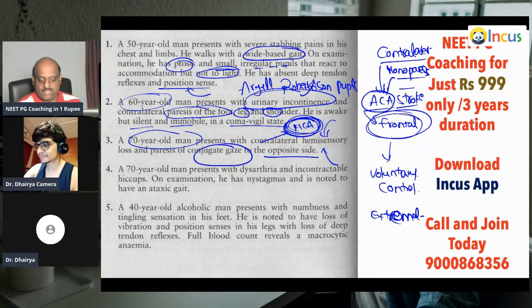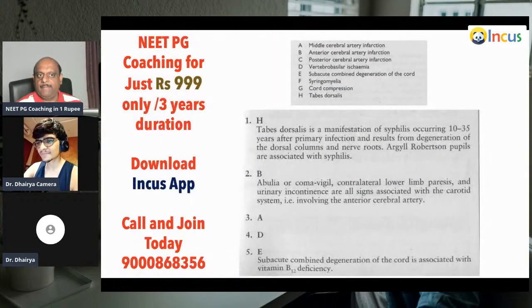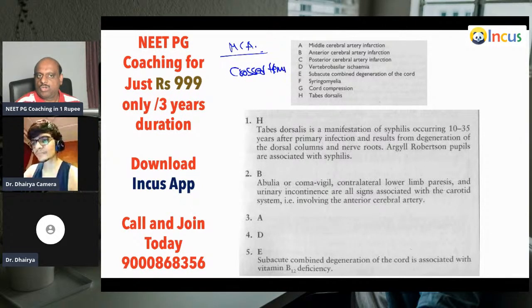There are two things we need to remember when it comes to the MCA stroke. The other entity is called crossed hemiplegia. What is the meaning of crossed hemiplegia?